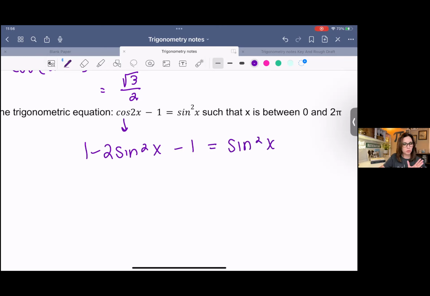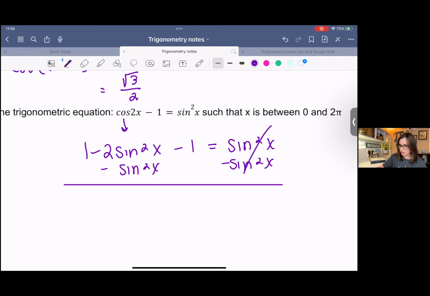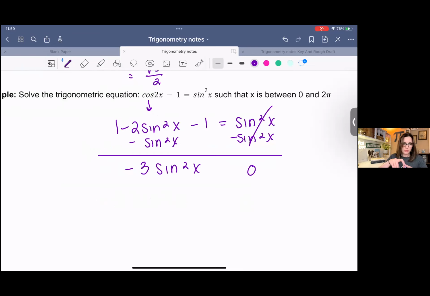I really want 0 on the right side, so I'm going to move sine squared over here. That's going to create that 0 on the right. And then I do have some simplifying. 1 minus 1 is 0. And then negative 2 minus 1 is negative 3 sine squared x. Then we're going to divide both sides by negative 3.